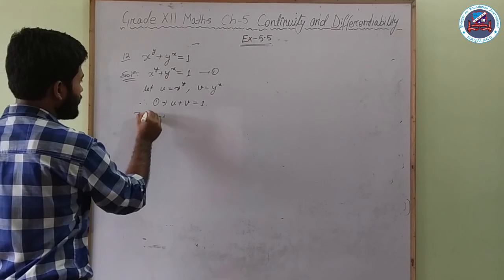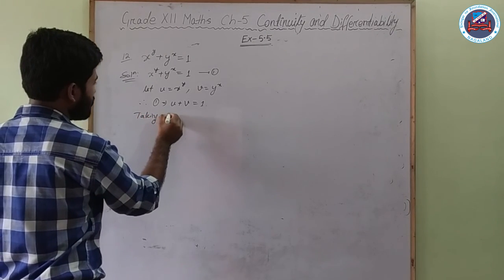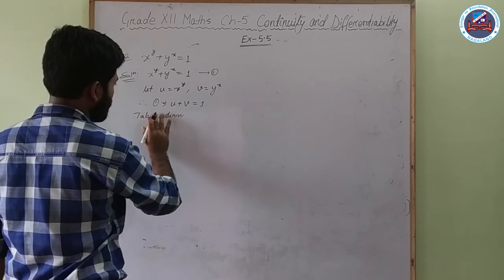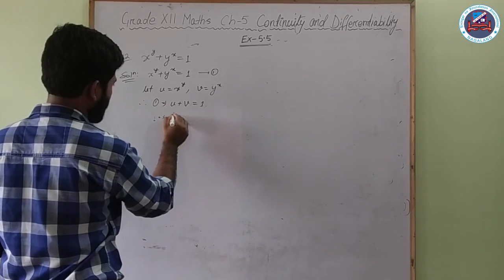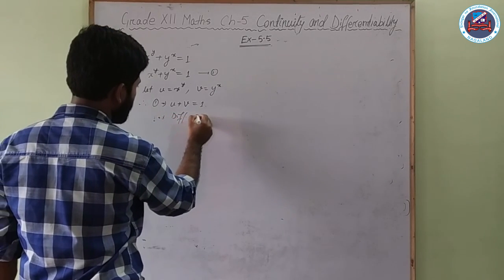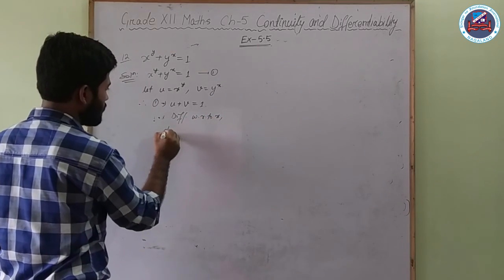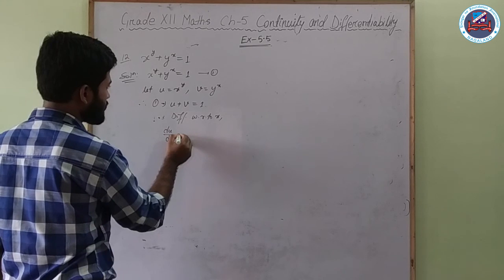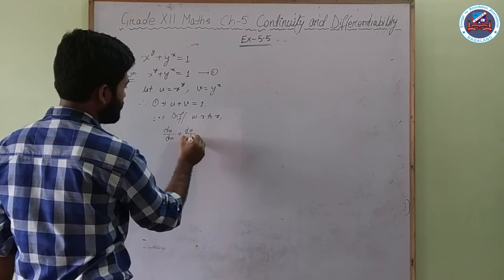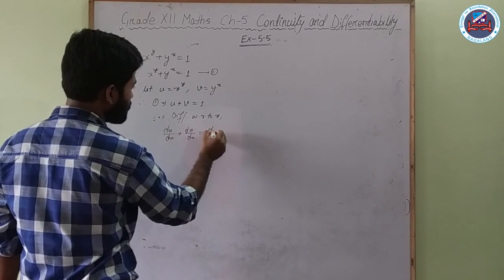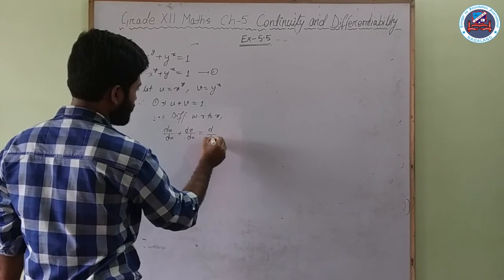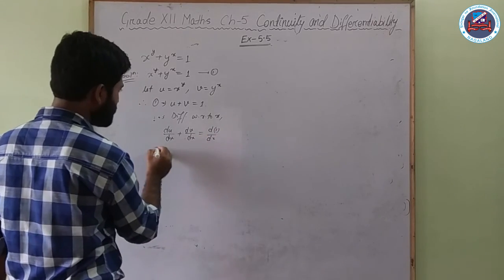So taking derivative, or differentiating with respect to x, that will be easier. Differentiating with respect to x, what we shall have? We shall have du by dx plus dv by dx will be equal to ddx of 1, isn't it?